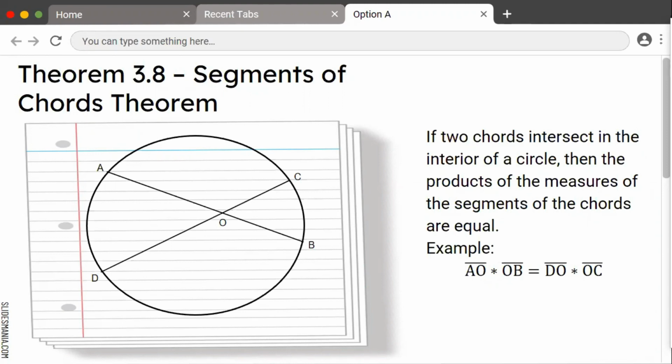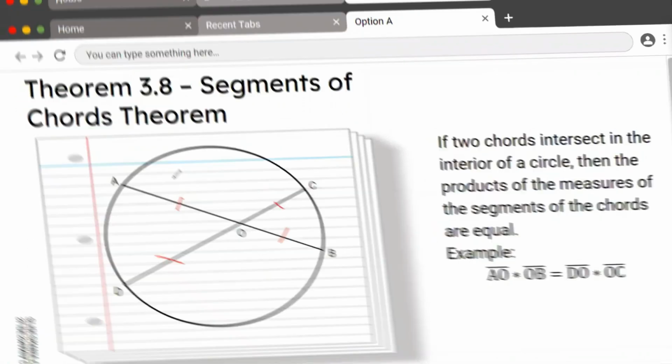So when we say segments of chords theorem, this talks about if two chords intersect in the interior of the circle, then the product, when we say product, that is the answer of the multiplication, of the measures of the segments of the chords are equal. So from the given illustration, if the measurement of OA is multiplied to OB, that is equivalent to DO and OC. Okay, so that is theorem 3.8.